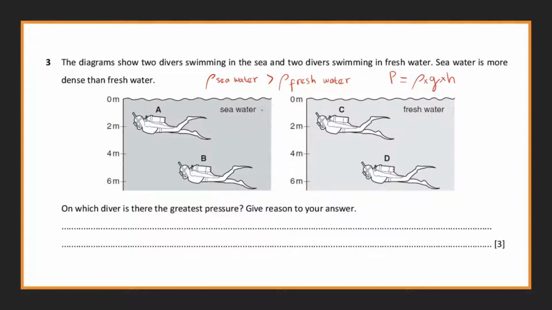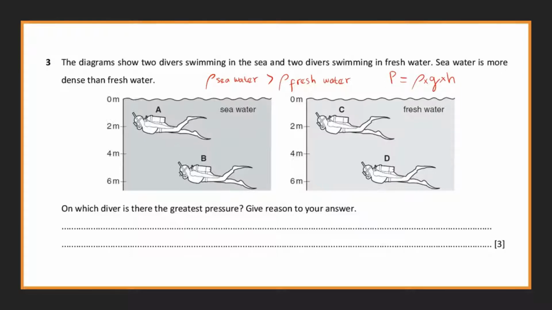Now, after we choose the seawater instead of fresh water, let's compare the depth of the two divers here. Diver A is at 2 meters. Diver B is at 6 meters depth. So we know that diver B has deeper depth than diver A. Based on this formula, the greater the depth, the greater the pressure.